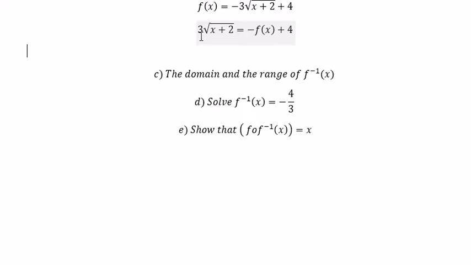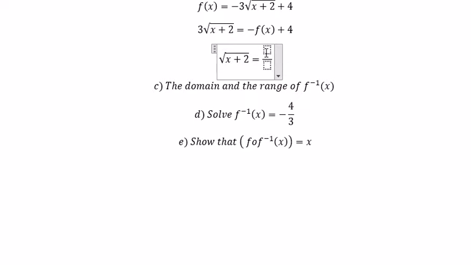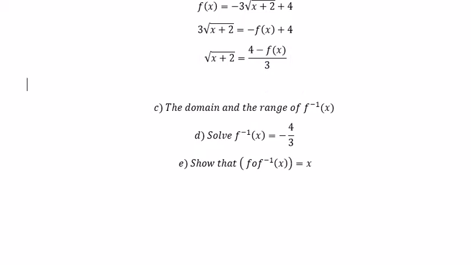Later that, we divide both sides with number 3. So we got about 4 minus f of x over 3. Later that, we put the square in the both sides.